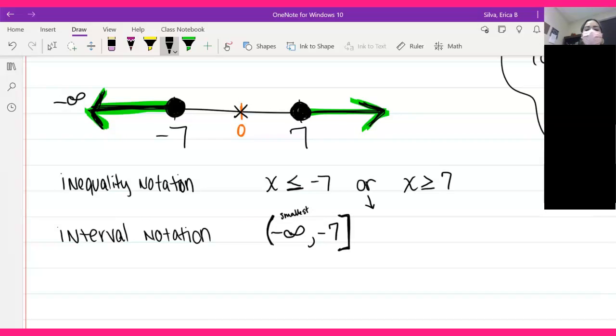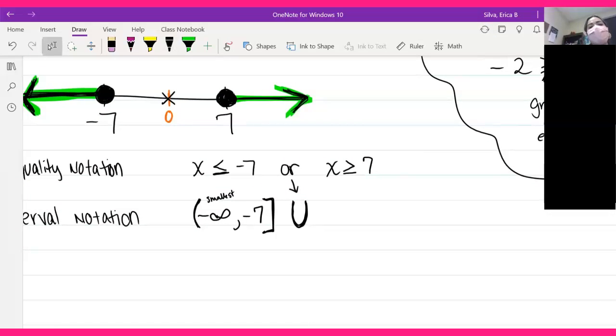And then the symbol for or is my upside down looking U. And then on the other side, the smallest value is 7, and it's including that 7. So this 7 belongs here.